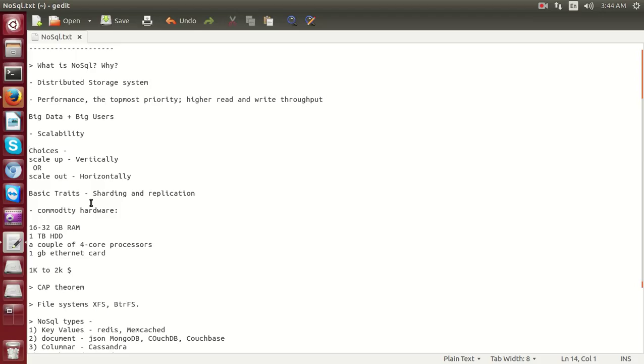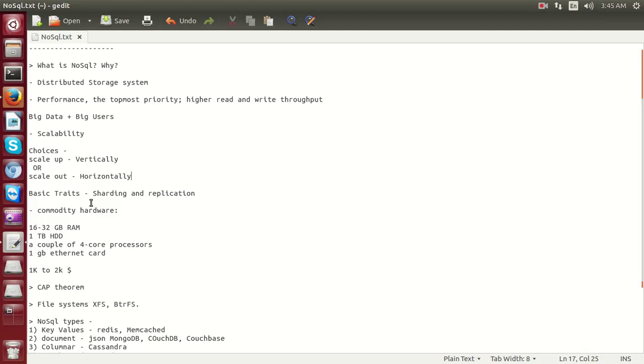They provide you with commodity hardware so that you scale horizontally. So when it comes to scaling, you have two choices. Either you scale up, that's called vertically, and this is what mostly happens with relational databases: as your data grows or your load grows, you purchase a better server and you put your database onto that. But NoSQL takes a different approach.